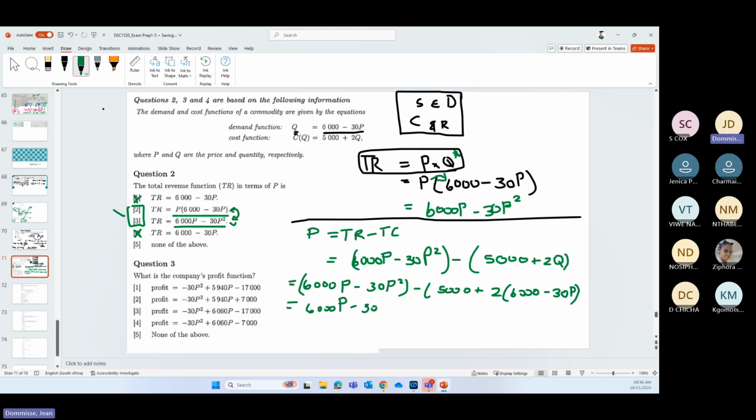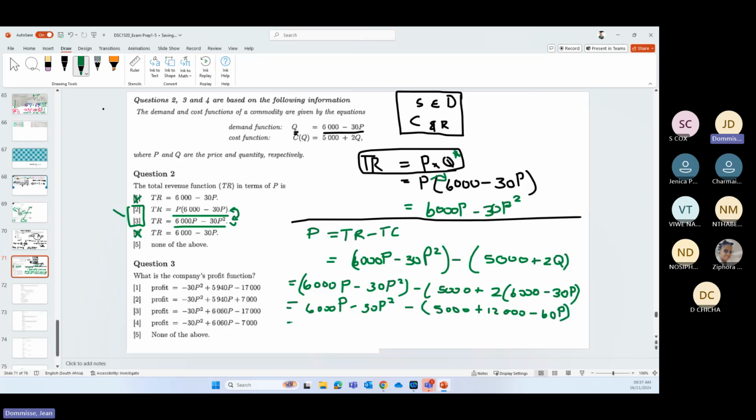So what does become very important now is this negative. I'm always scared of that. So I'm first going to work out what is in here and then going to multiply it with a negative. So 2 times 6 is 12, so this will be 12,000. 2 times minus 50 is minus 60p.